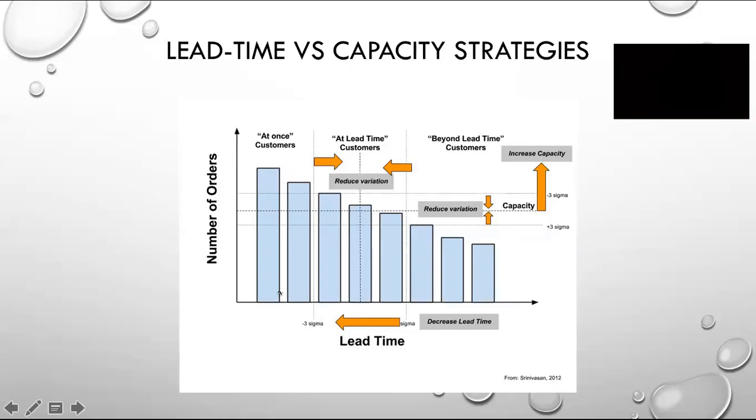Ideally, all of these bars, your at-once customers, or your demand underneath your lead time, will be below your capacity, so you'll be able to consistently provide to these customers. Decreasing lead time is also a very good idea, because it makes more of these bars to the right of your lead time, which is what you ideally want.